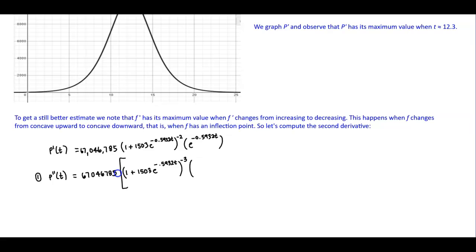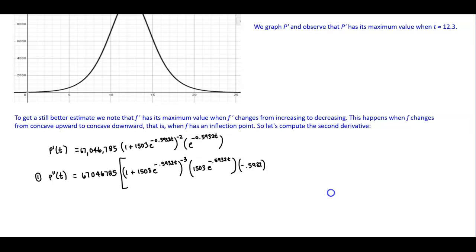And then we're going to multiply that by the derivative of what's inside, which is 1503 e to the negative 0.5932 t. And then we're going to multiply by the derivative of negative 0.5932, so negative 0.5932.